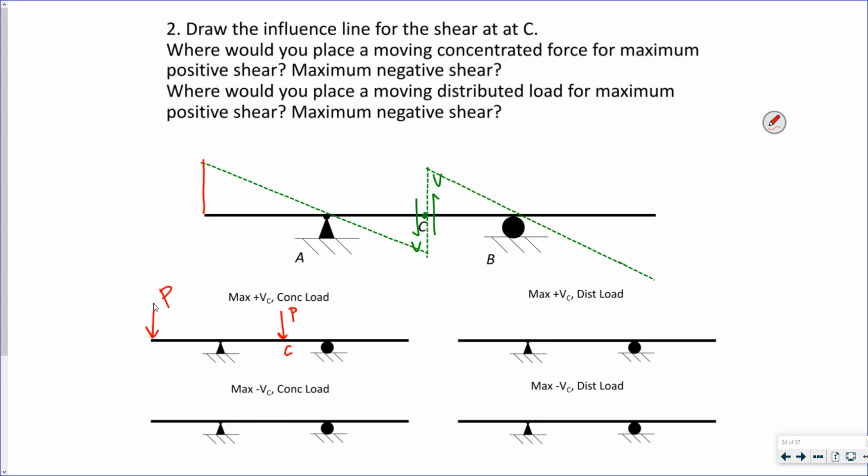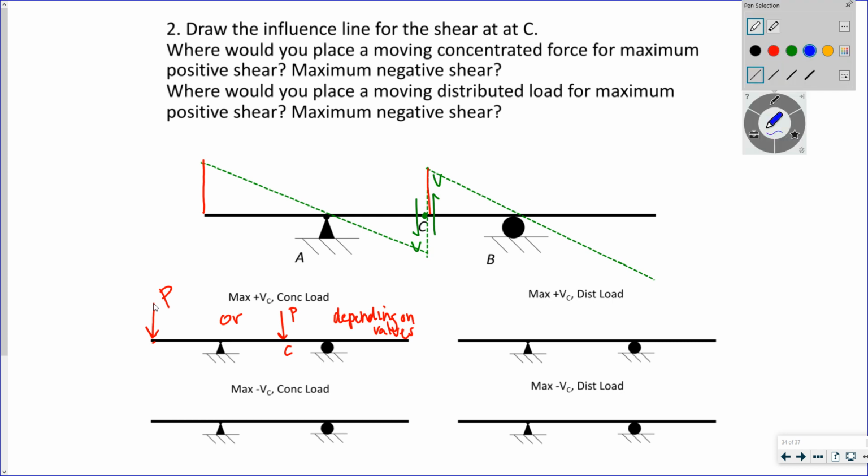Depending on what those values were. This is where you need to actually have numbers. Right now it looks like the one over on the cantilever is maybe bigger, but maybe not.